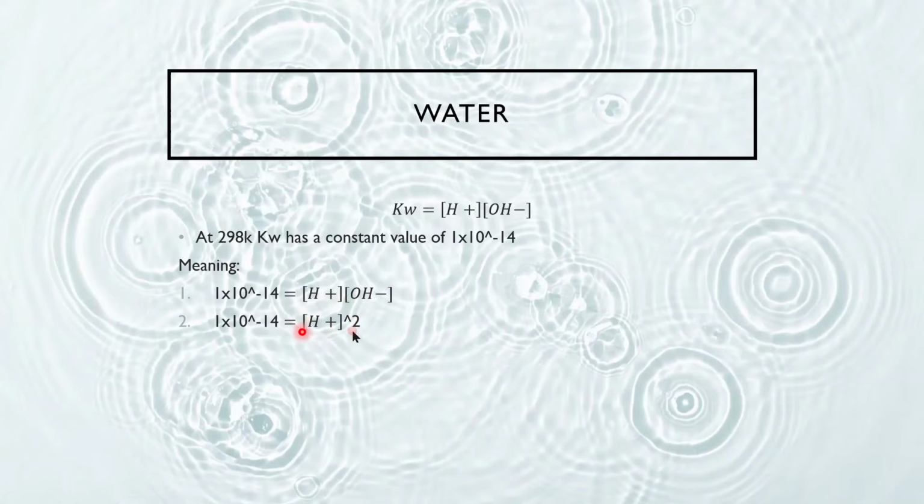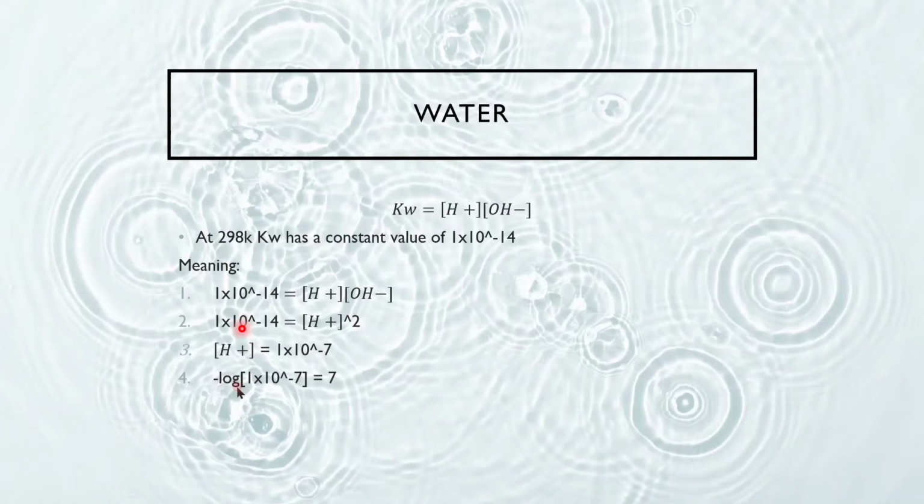So we can say that this is equal to H plus squared. Then we can square root both sides to find our H plus, which is 1 times 10 to the minus 7.